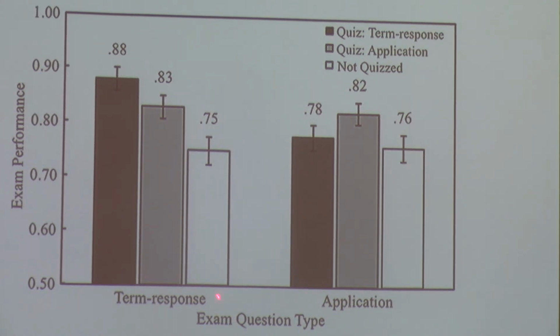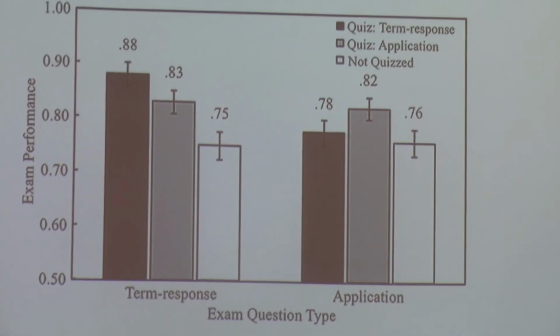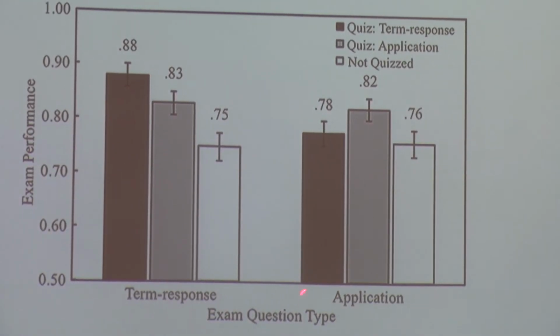But if it's a term response final exam question, having been quizzed earlier in term response style led to the highest performance. But even being quizzed in the application style produced some benefit. This gray bar here is still taller than this white bar. And if you look at the application style questions on the exam, the greatest benefit comes from being quizzed in an application style question earlier on.